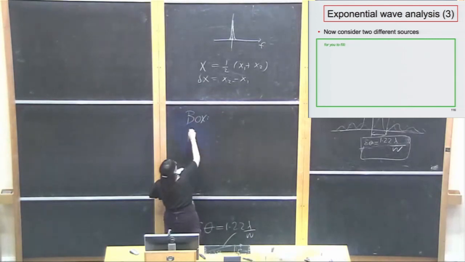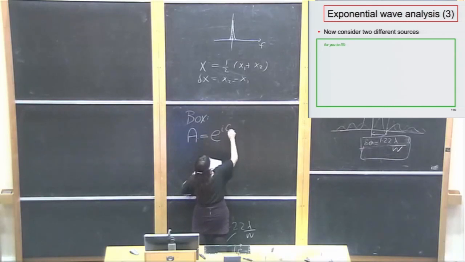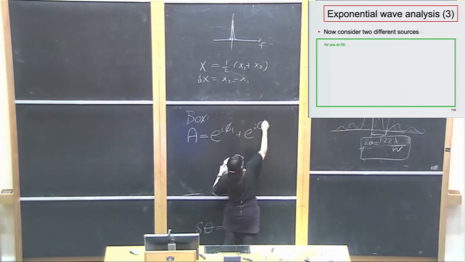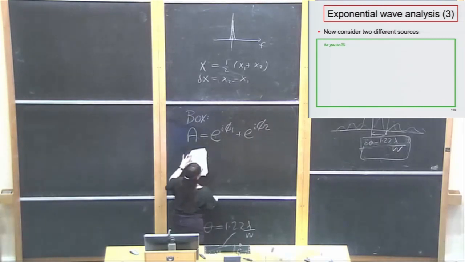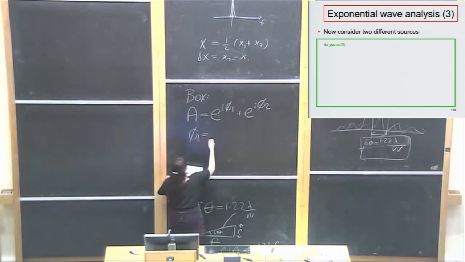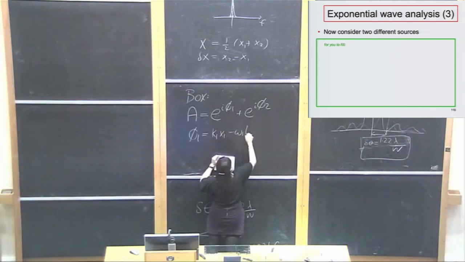My total amplitude is going to be the sum of two complex amplitudes, where phi 1 equals k1 x1 minus omega 1 t.